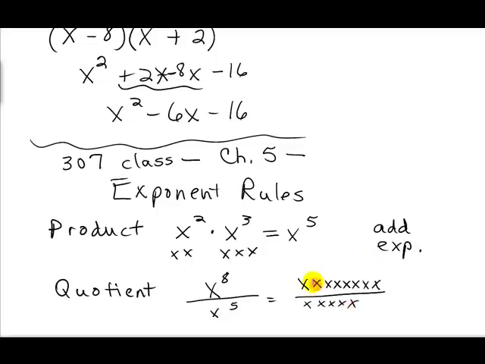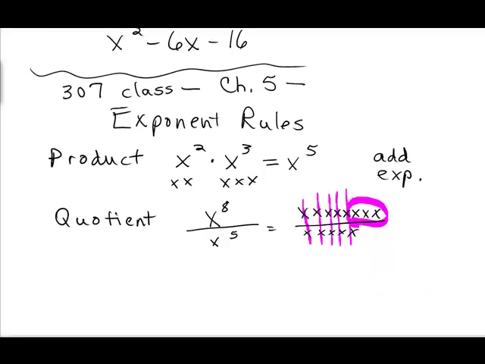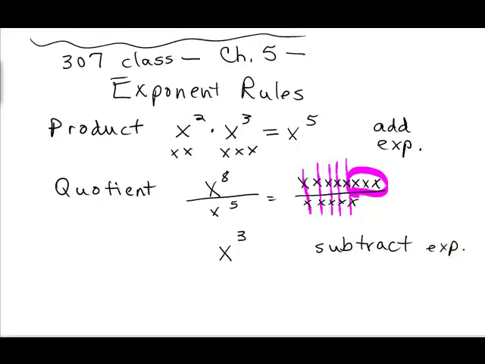Whatever's top and bottom crosses out, it becomes 1. Then we can see that we're left with 3, so our answer here is x cubed. What we can do to get our answer is subtract the exponents.